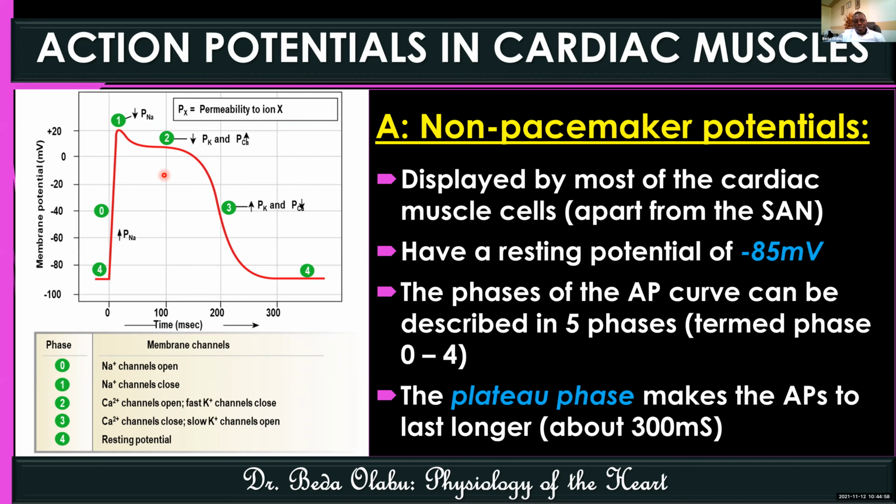Then you need to remember something about the characteristics of an action potential. We talked about different characteristics of action potential, and one of them, we said, is that the action potential has a refractory period, a period within which it is difficult to initiate another action potential. It could be absolute refractory, which means it is impossible to initiate another action potential, and that referred to the period of depolarization, overshoot, and repolarization.